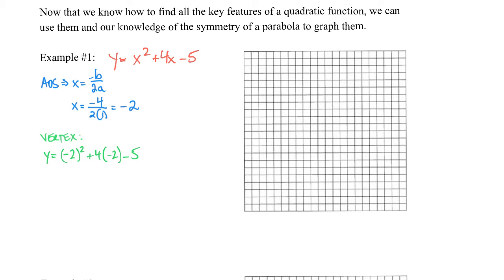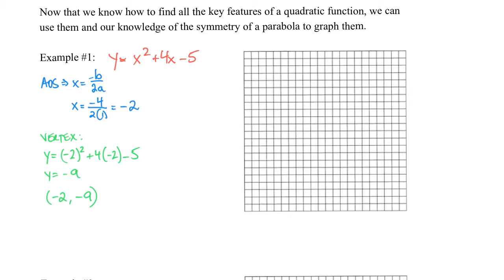Now, if I go on my calculator, I get 4 plus 4 times negative 2 minus 5. I get negative 9. Okay, so that means that my vertex is at negative 2, negative 9. You learned that back in learning task number 2, I believe.